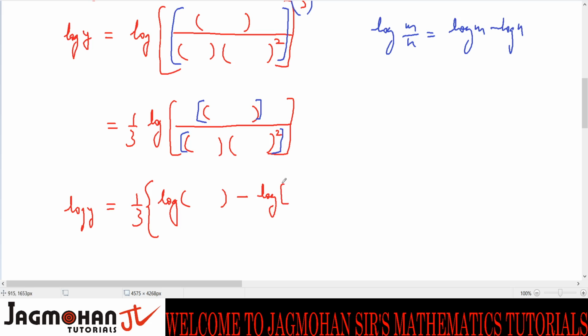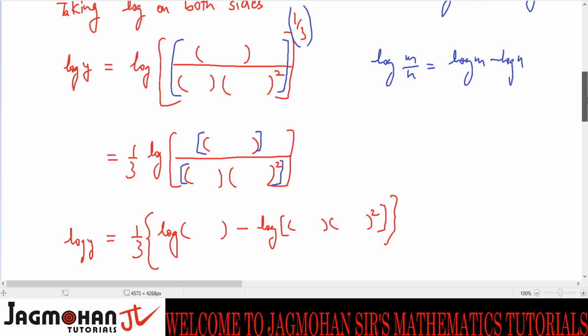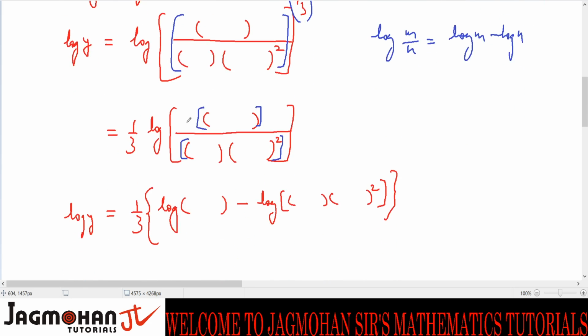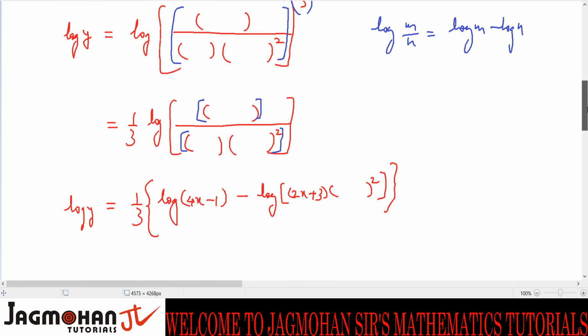That log of the denominator will have two brackets. Let me write the contents of the brackets: 4x minus 1, 2x plus 3, 5 minus 2x.